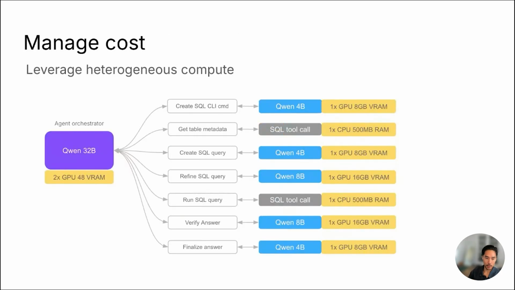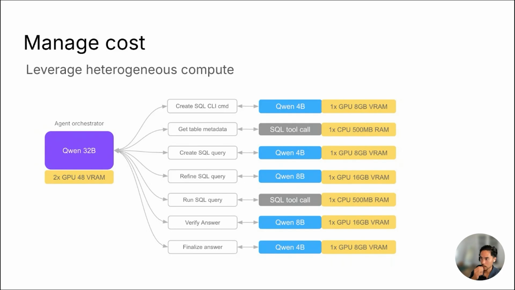Then, managing costs. Wouldn't it be nice if you didn't have to use the largest, highest-cost machine that you would need to host the largest model in your agent? It'd be great if you could use a big GPU for that one and then smaller GPUs for the other smaller workloads. So you decompose your pipeline into various containers that then use specific resources for that one node in the pipeline.